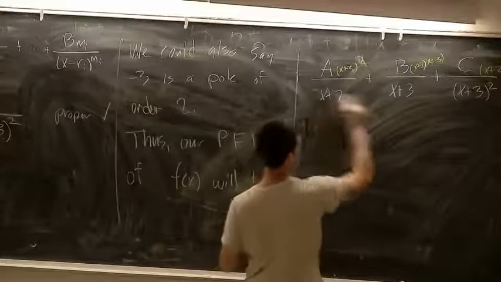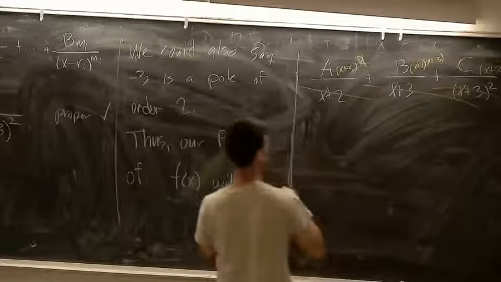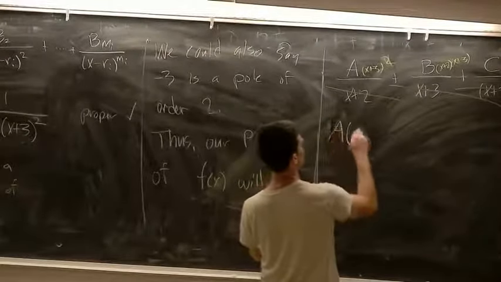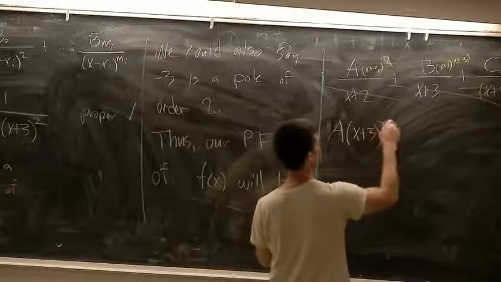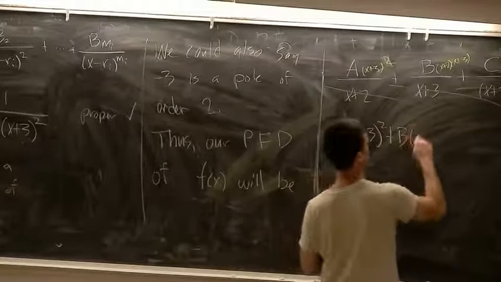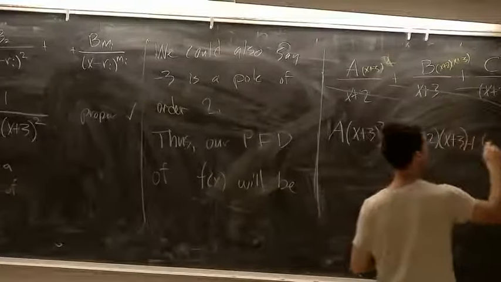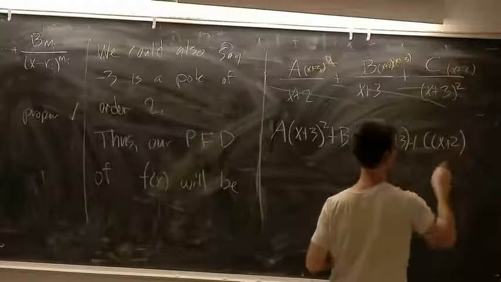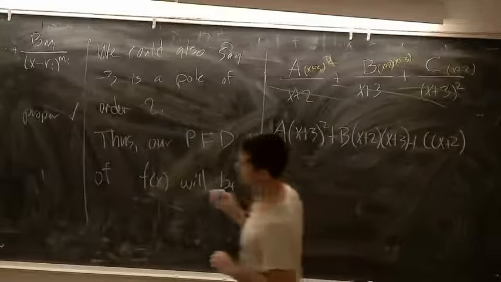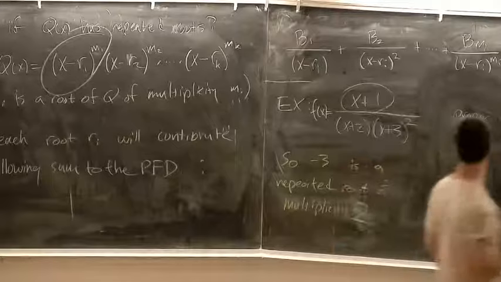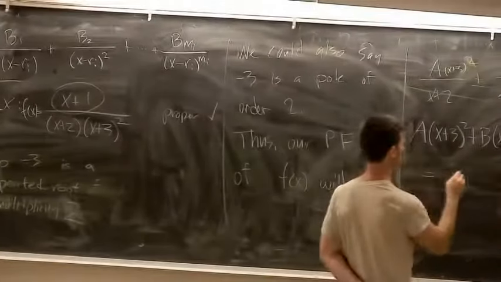And that will clear all the denominators. So A times x plus 3 squared, plus B times x plus 2 times x plus 3, plus C times x plus 2, will equal the original numerator, which is x plus 1.